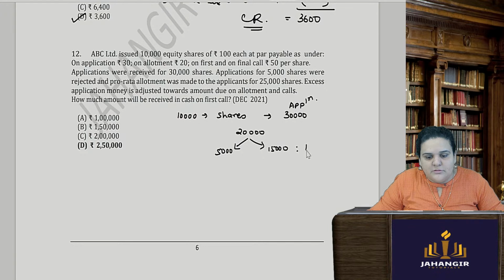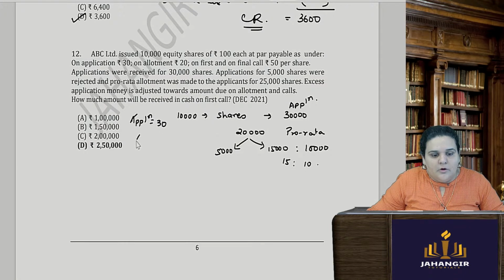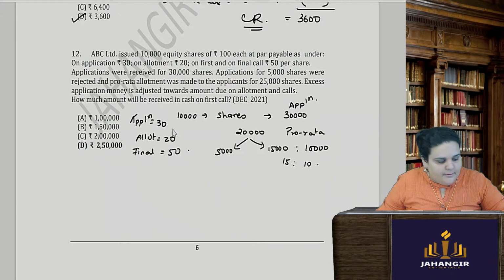So 15,000 to 10,000 will become my pro rata ratio. In case you have applied for 15 shares, you will get only 10 shares. Okay, then I'm just writing: the application money is 30 rupees, allotment is 20 rupees, and first and final call money is 50 rupees. That makes a total of 100.